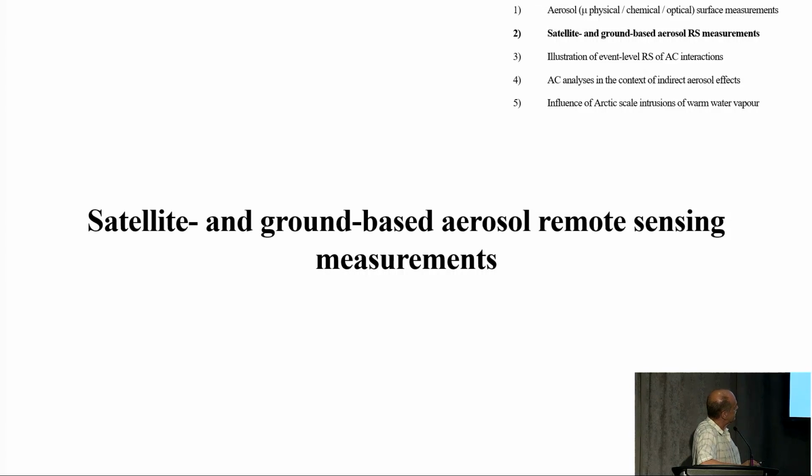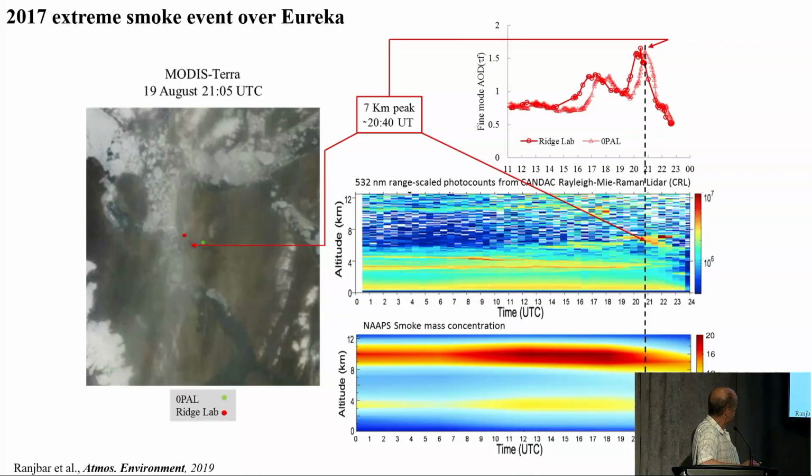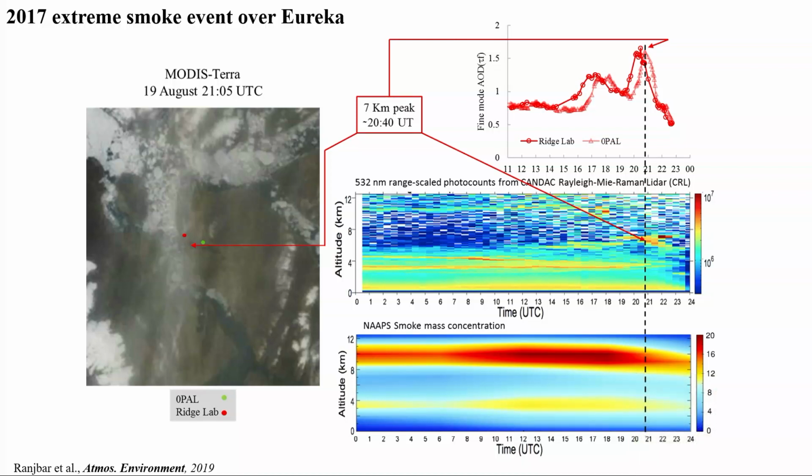If you can keep that in mind, this is during the summer of 2015. Just keep that in mind for a later slide. Satellite and ground-based aerosol remote sensing measurements. This is work by my former PhD student, Keyvan Ranjbar. On the left is a MODIS image over our PEARL site, and the red, blue and green spots are our labs.